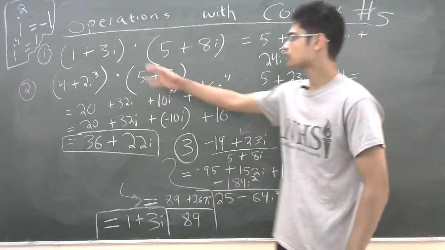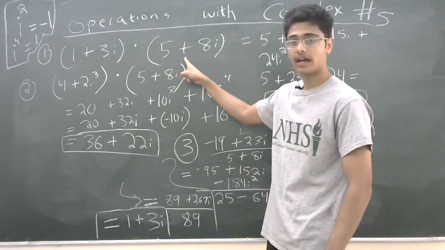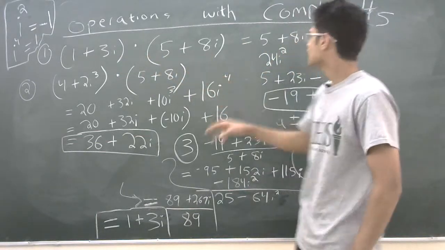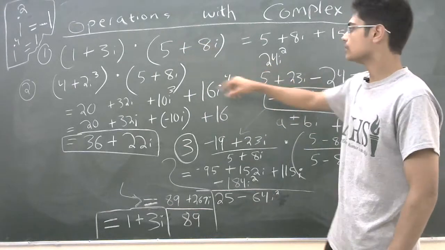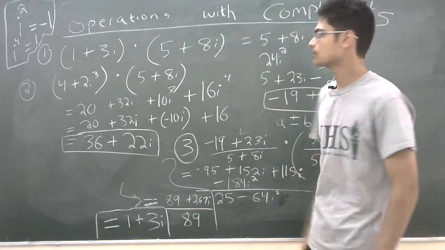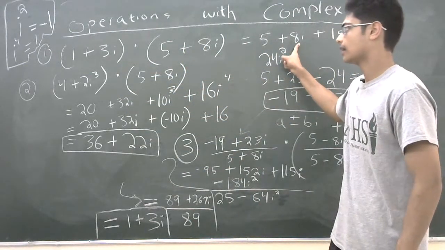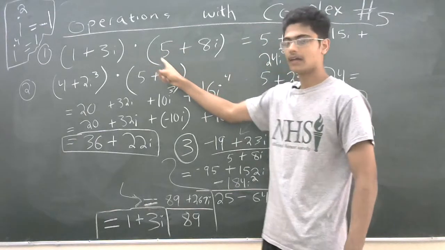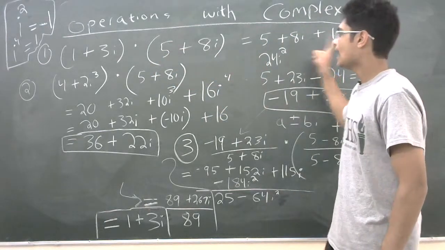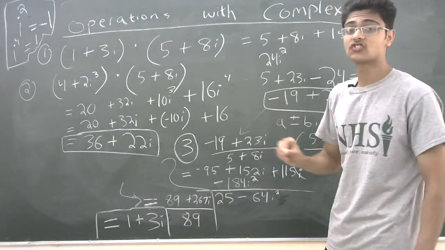So here in the first problem, I have 1 plus 3i times 5 plus 8i. Once you compute this, you see that 1 times 5 is 5, as we just used the distributive property. And then 1 times 8i gives us 8i. 3i times 5 gives us 15i, and then 3i times 8i gives us 24i squared.